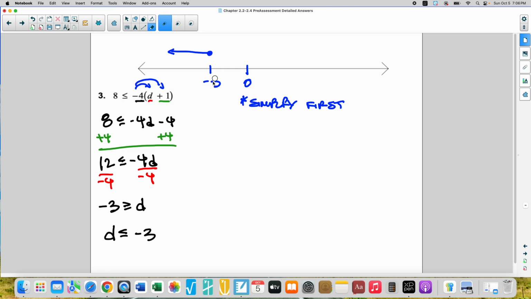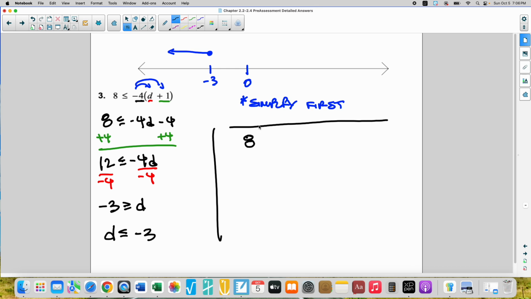That wasn't a great -3. Let's improve that. And I'm going to show you another way, maybe a way that the high school students might do this, or some students at American Martyrs would do it. We could divide first, and that gives us -2 is greater than or equal to d plus 1.